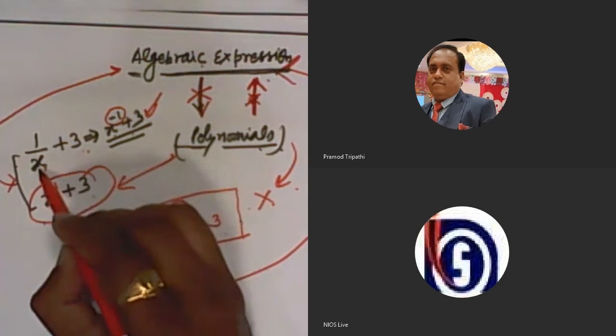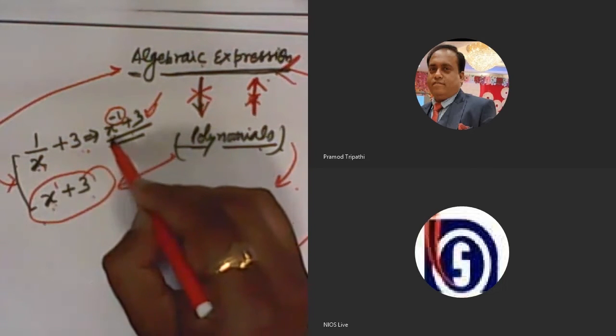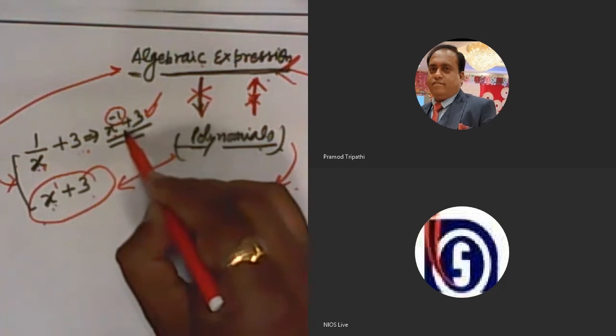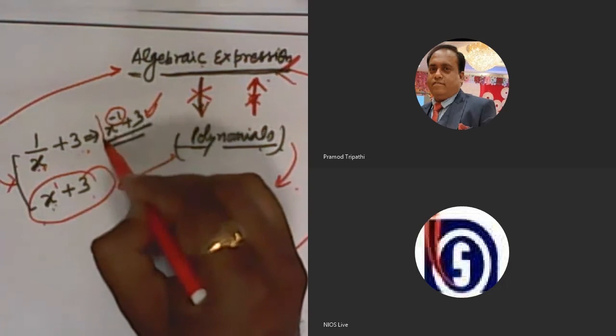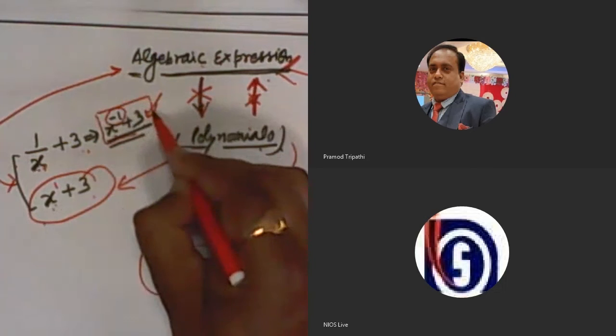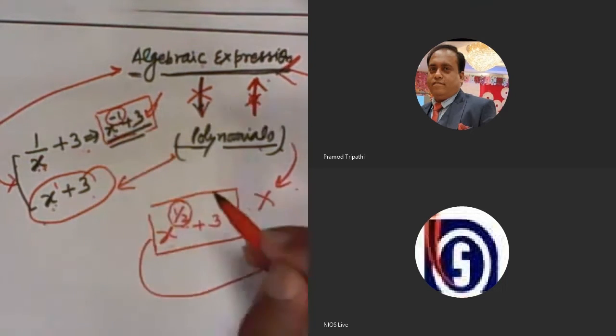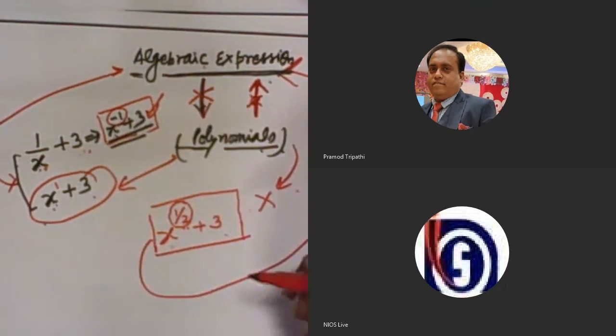But when we simplify it in the exponential form, we have x raised to the power minus 1 plus 3. This states that the exponent of the variable is minus 1, which is not a whole number. Hence, it is not a polynomial. The important condition of a polynomial is that the exponent of the variable must be a whole number.